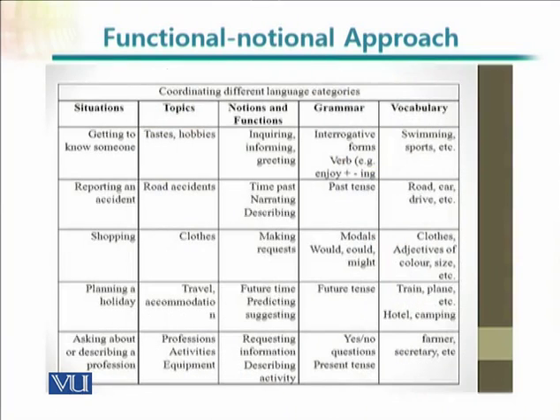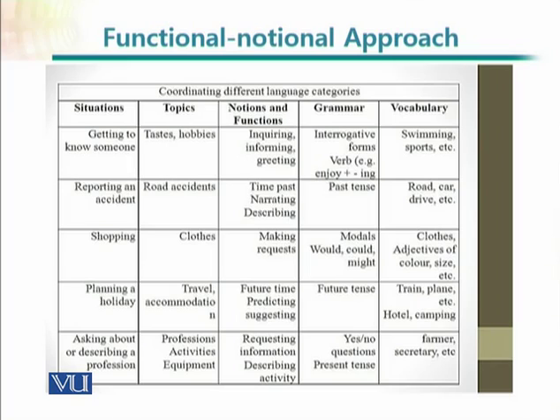In front of you is a chart which tells us about various coordinating language categories, and we have in different sections the situations, topics, notions and functions, grammar, vocabulary. We could see there could be various situations, and these are only a few in front of you. For example, there could be a situation of getting to know someone, and the topics in such situations could be tastes, hobbies. People inquire about each other's hobbies and tastes.